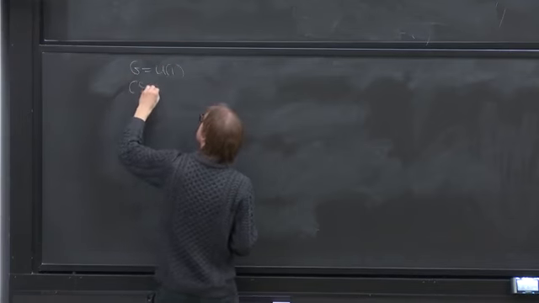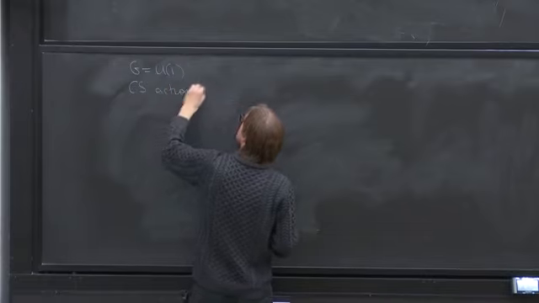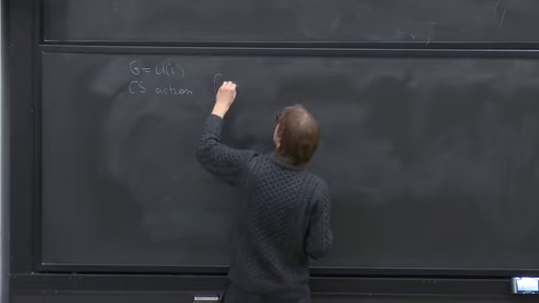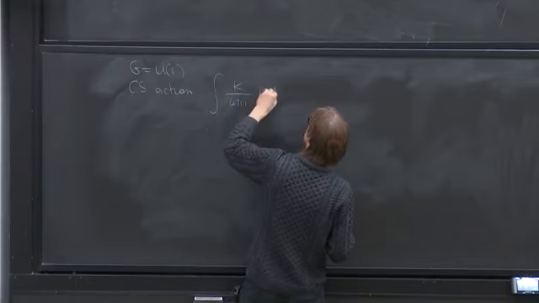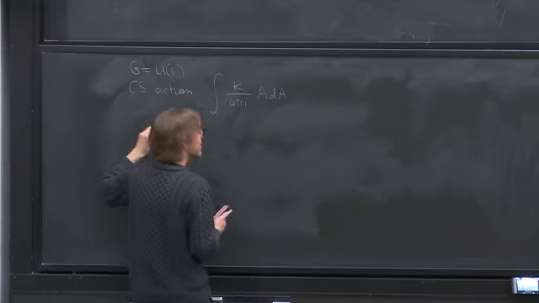then the Chern-Simons action, which looks like the integral of K over 4 pi i. I'm terrible at getting all these factors right, so I do apologize for that.